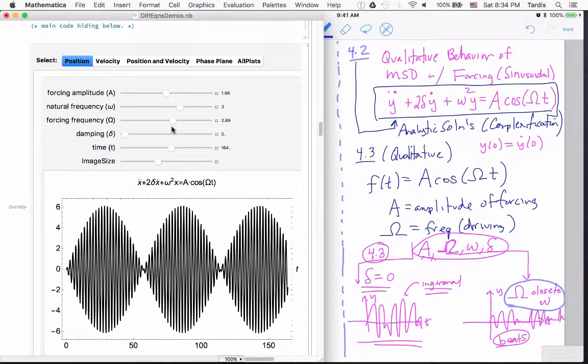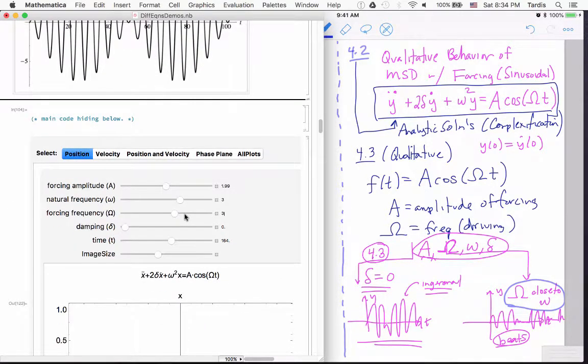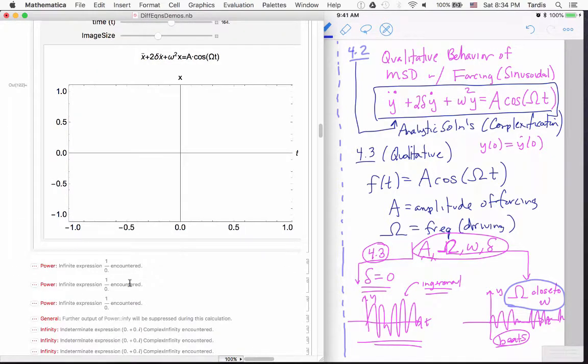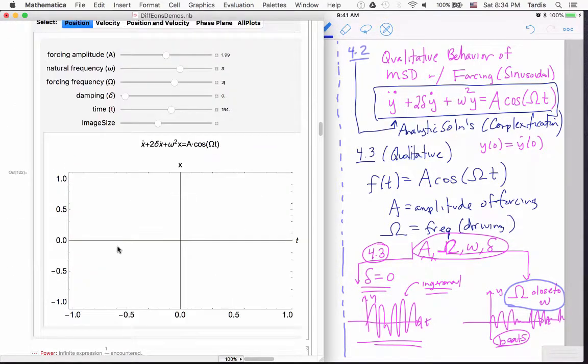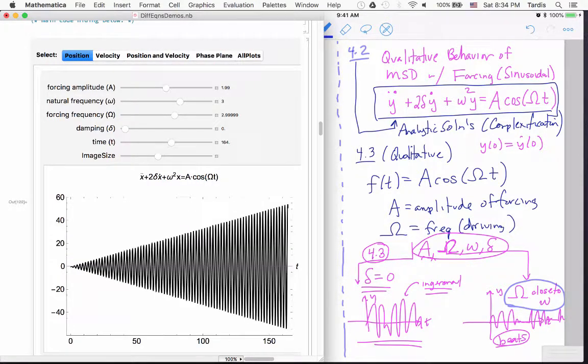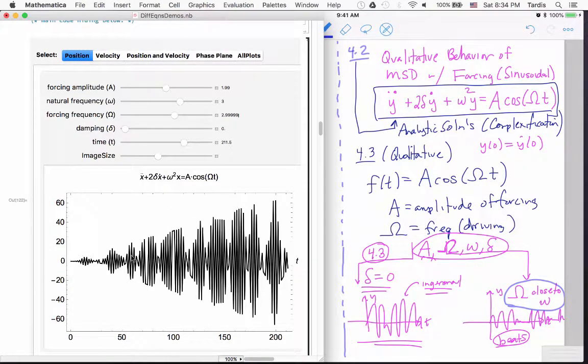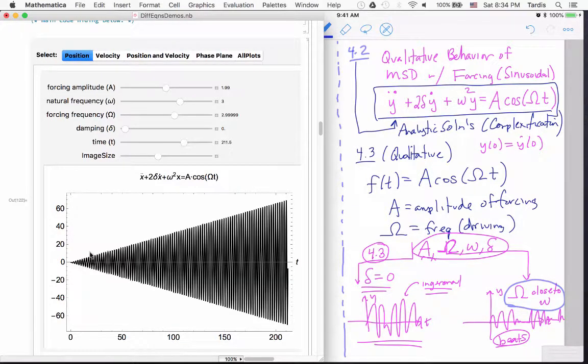If the frequencies are exactly equal to each other, notice that the computer had some trouble plotting them, and we need to see why that happened. For example, if it was getting really, really close, look what's happening: the oscillations are getting larger and larger and larger. So the oscillations are getting unbounded.